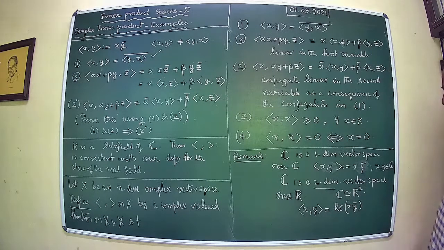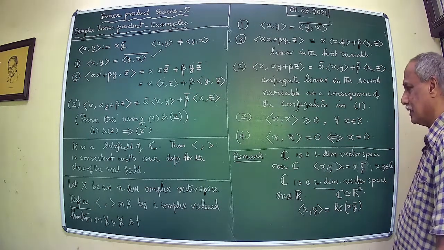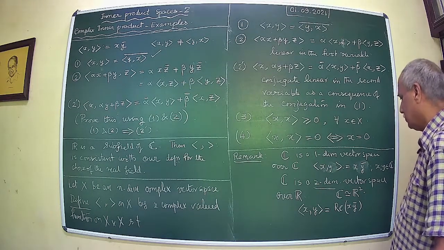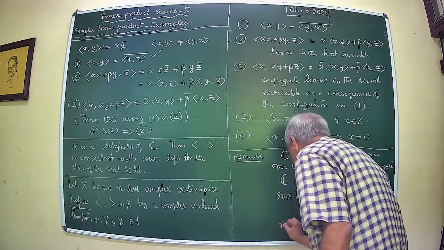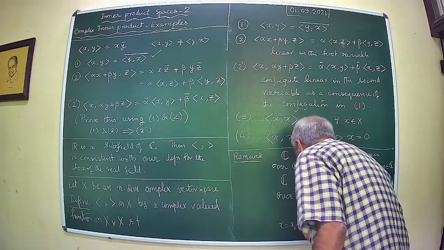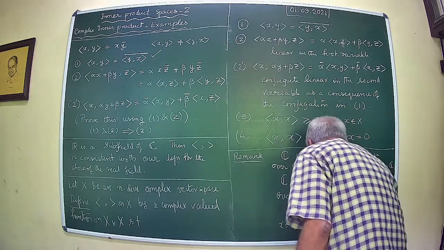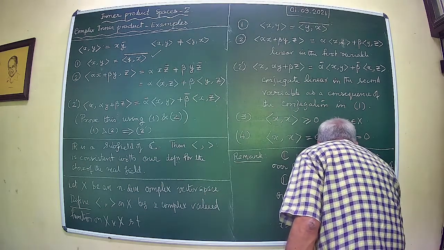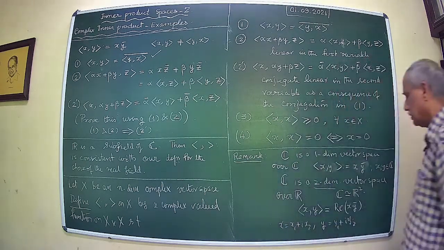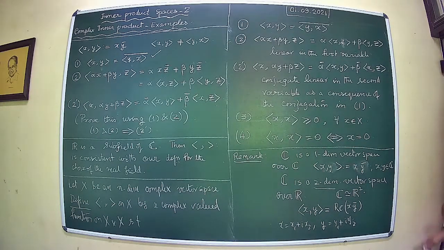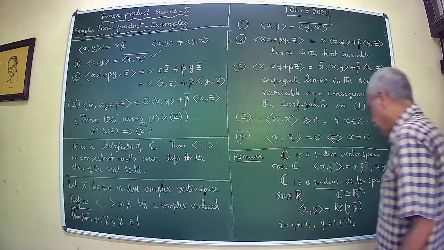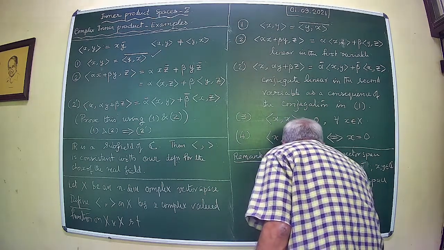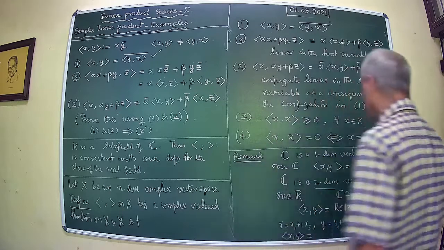And we are introducing this. So if x is x1 plus i x2, y is equal to y1 plus i y2, where i is the complex unit number, then you are writing this as, then equal to, what is the real part of this?